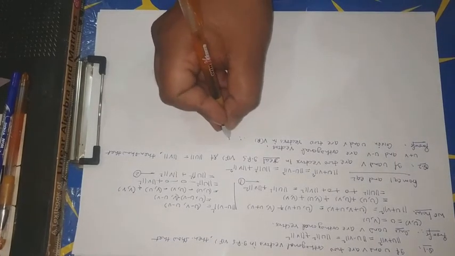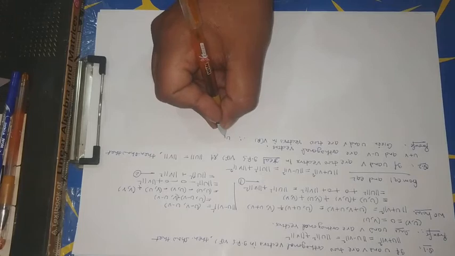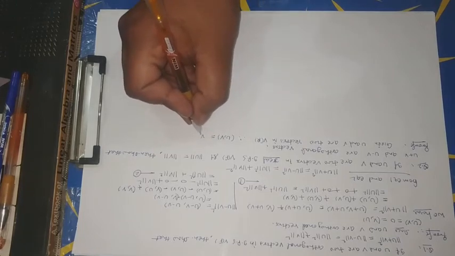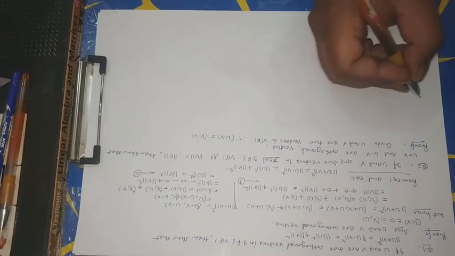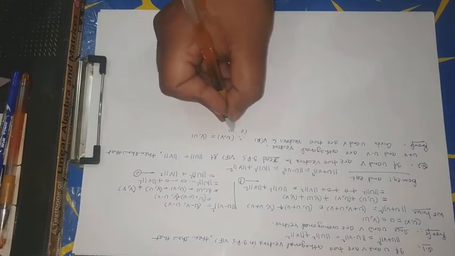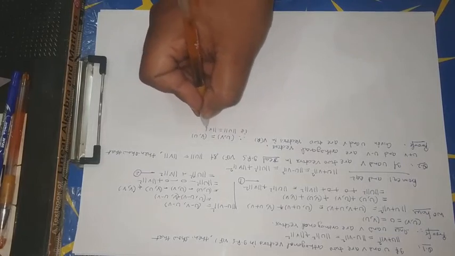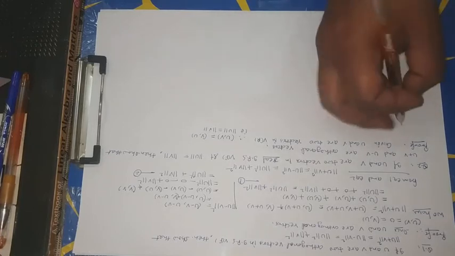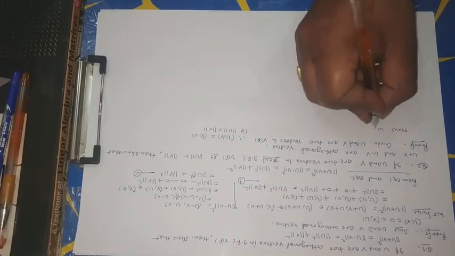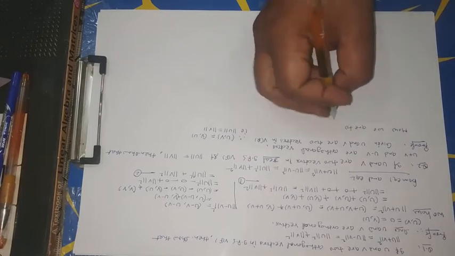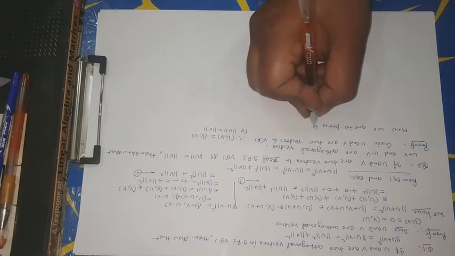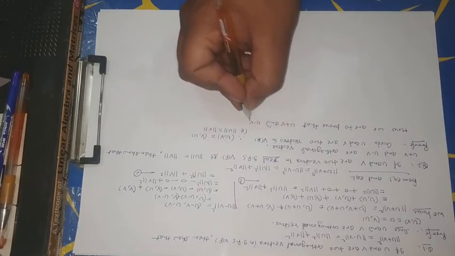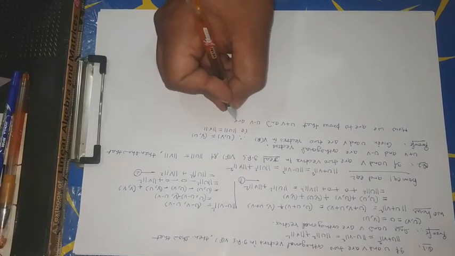Therefore, the inner product of u with v is equal to the inner product of v with u. Both are equal. That is, the norm of u is equal to the norm of v. Therefore, now we are to prove that u plus v and u minus v are orthogonal.